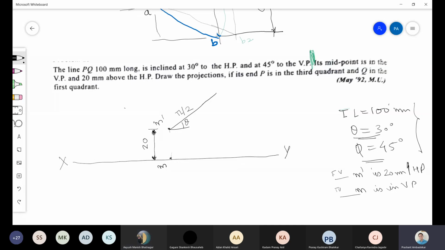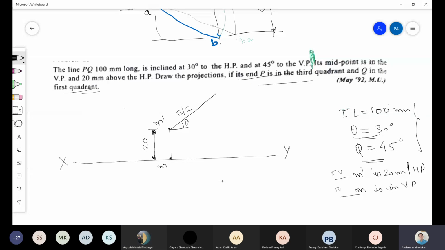Now, which point are we going to get here? Are we going to get P or Q? So that is Q, sir. Why Q? Sir, because P is not known where it is. P is in the third quadrant.